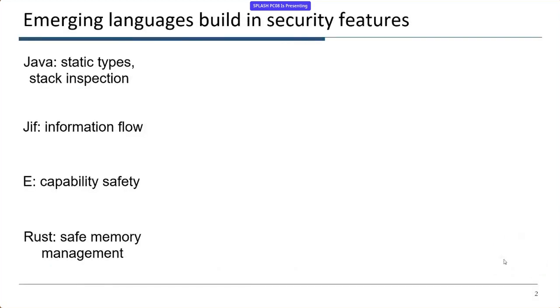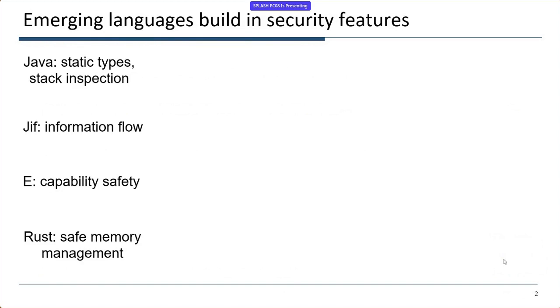So emerging languages today build in new kinds of security features. Java is hardly new, but even more than 25 years ago when it came out, it was notable for enforcing sound static types and for having a security model involving stack inspection. And that has improved security a great deal in the interim.